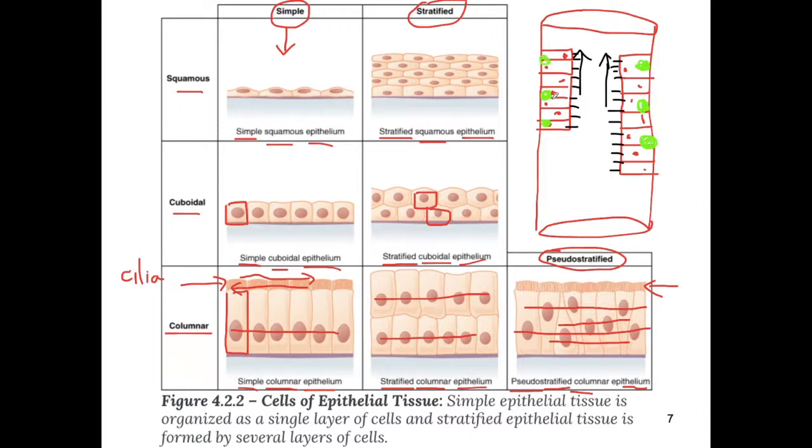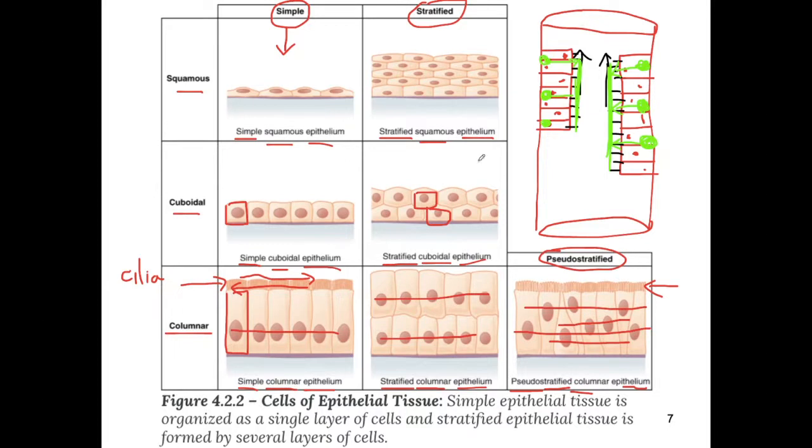These are goblet cells, and what goblet cells do is they produce mucus, and the mucus is going to be sitting right here on the top of the cilia, right? So these goblet cells produce this mucus that moves up to the surface of the cell. It's going to release it through exocytosis, and it's going to stick to the top of the cilia. But remember, the cilia are beating superiorly.